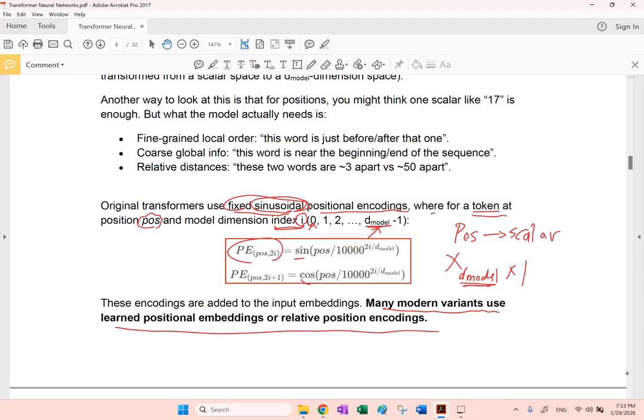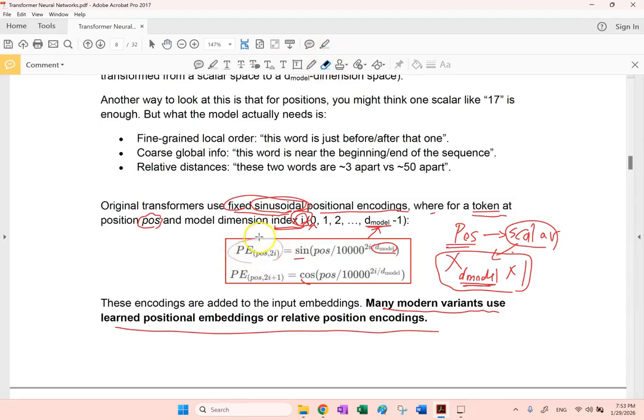You take this scalar to this higher dimensional space. So each token has the scalar position, and among these d_model directions, the ith direction you show with index i. So far, so good. Now, what do we do here?